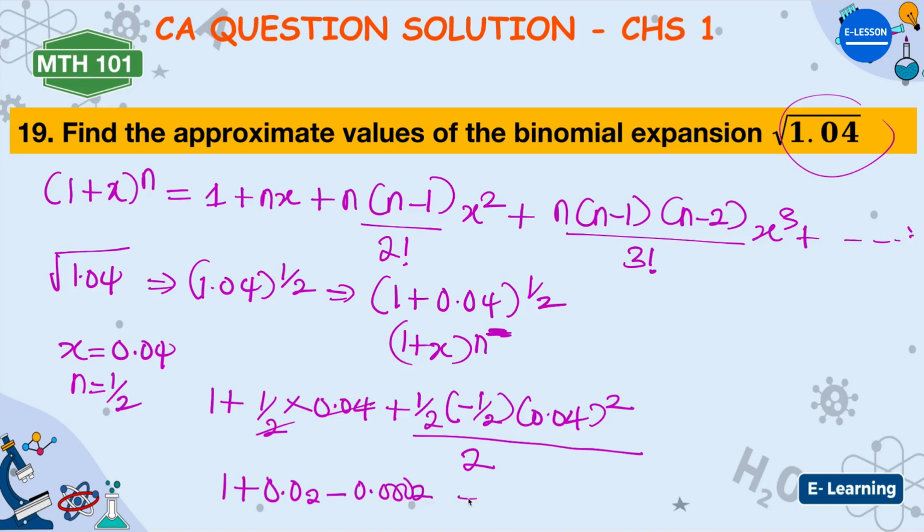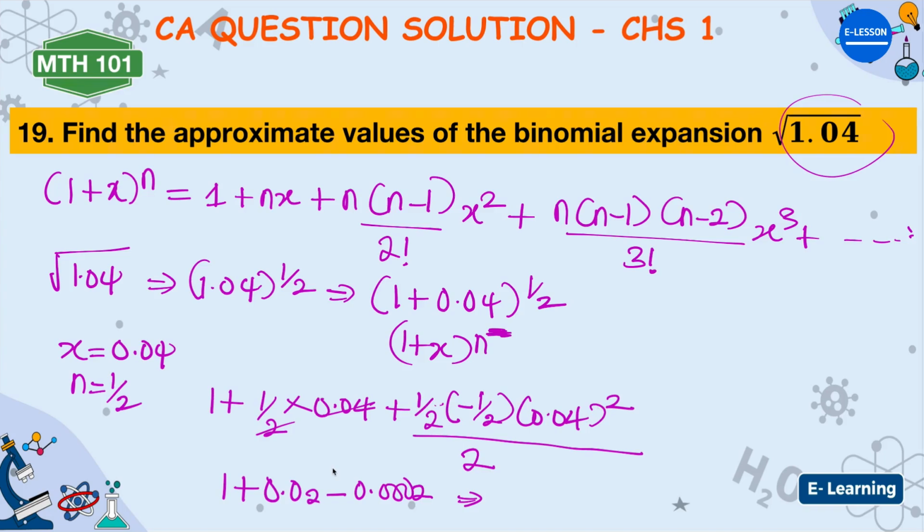If you have issues with this, you can just use your calculator. What I did was half times half with the negative sign first, which gave me an answer. Then 0.04 squared also gave me an answer. I multiply these two together, then divide by 2, and it gave me this.